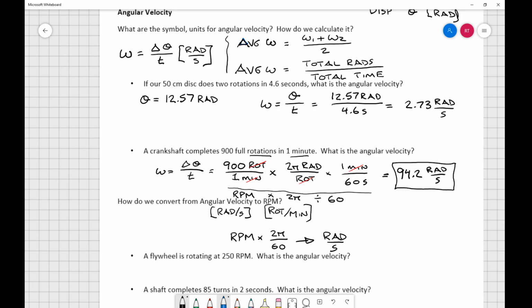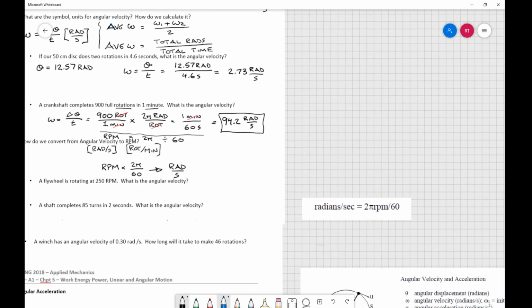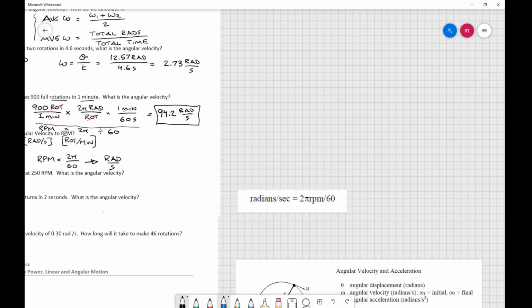That's a pretty common conversion, and it exists in the angular motion section of your supplement: radians per second is equal to 2 pi times RPM divided by 60.